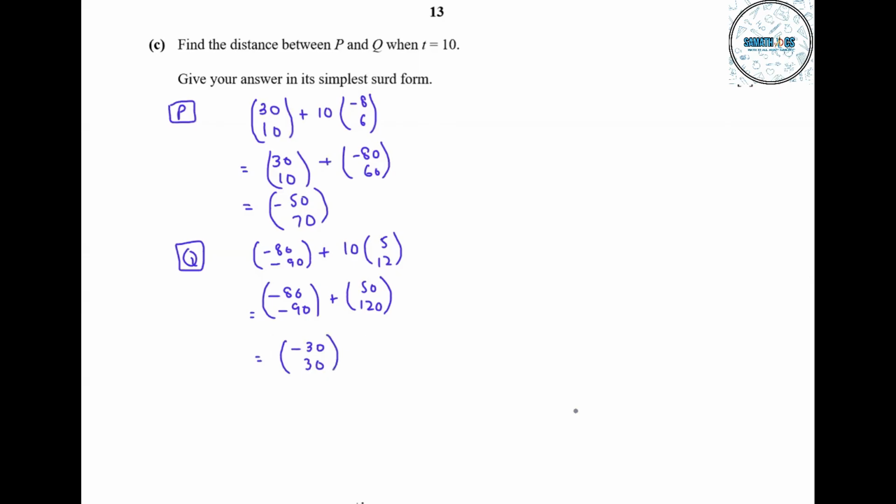Now, to find out the distance between P and Q, we will use the Pythagoras theorem. Minus 30 minus, it's minus 50, so it will become plus 50, whole square, plus 30 minus 70, whole square.